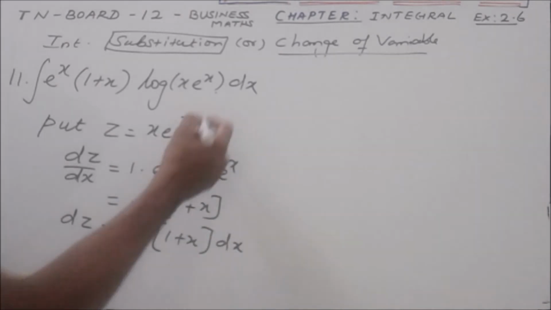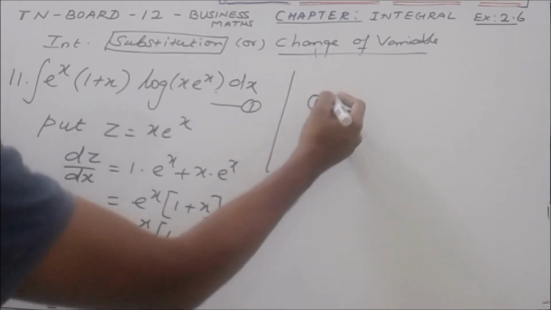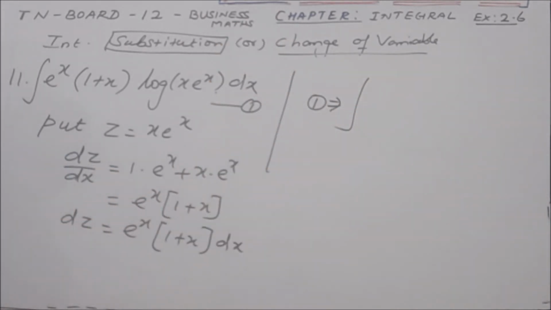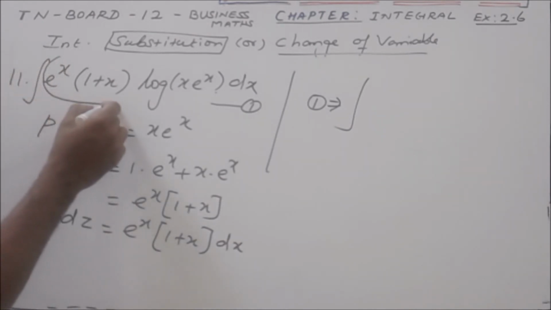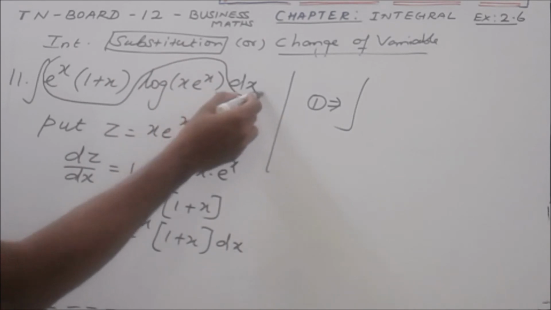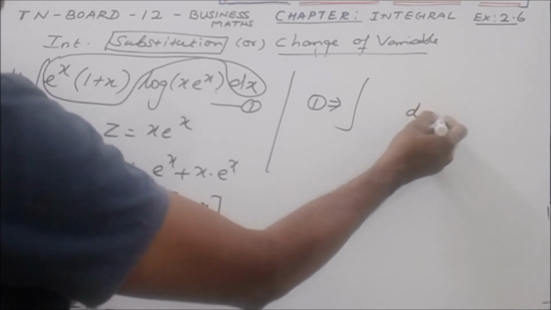Now look at the question. Let it be I. Now I implies integral. The terms e power x, 1 plus x and dx are all taken as dz. So write here dz.